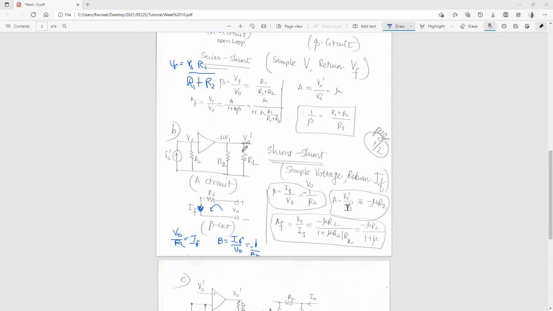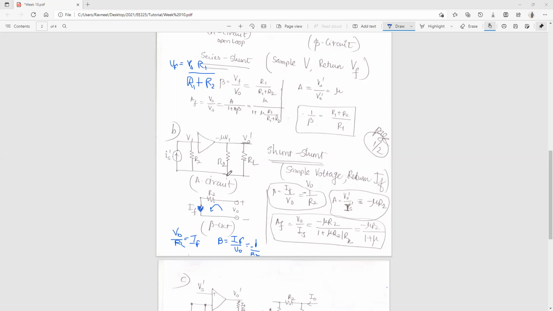So in that particular case, if you do V out dash upon IS dash, what you can see is that IS over here will go through an open loop gain through this particular op-amp. So the gain of that particular current will be by a factor of negative mu.